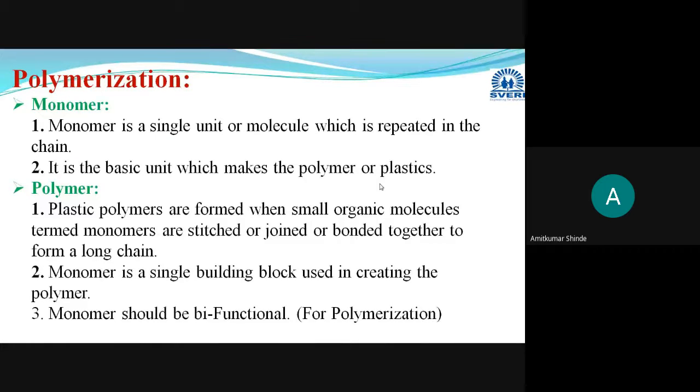The monomer, you can say, is the basic building block from which polymers are formed. Monomer is a single repeating unit, and by combination of a number of monomers, polymers will be formed.